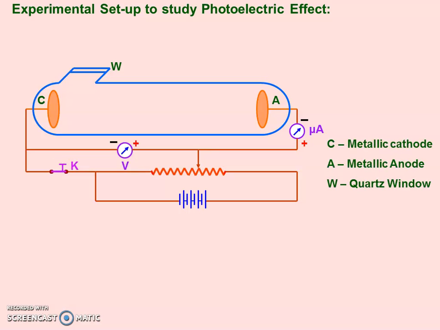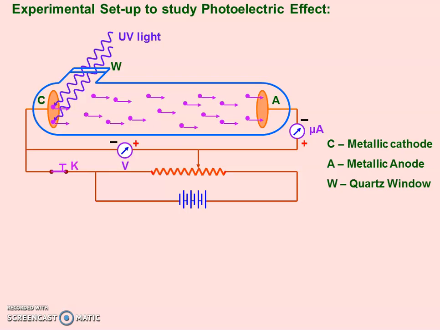When the key is closed and light is incident at the electrode, it starts emitting the electrons, but the frequency of light should be greater than the threshold frequency. This is the condition for photoelectric effect, right?